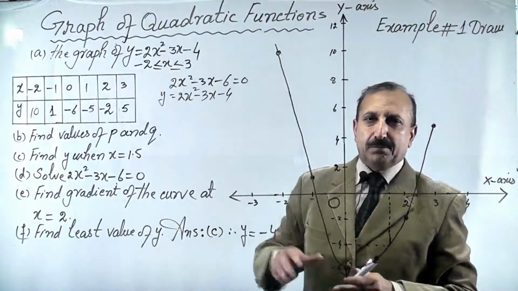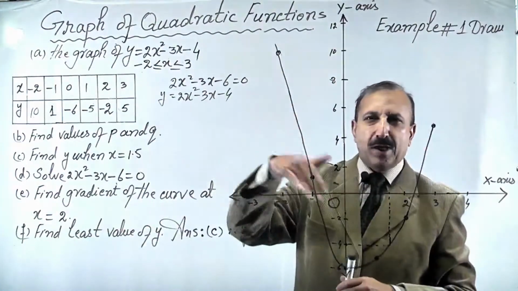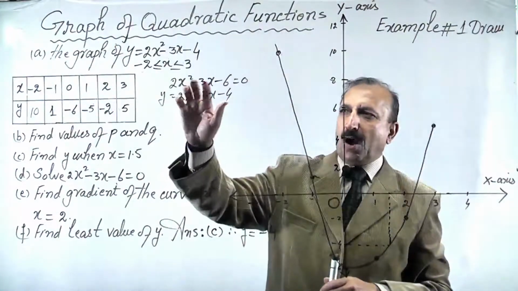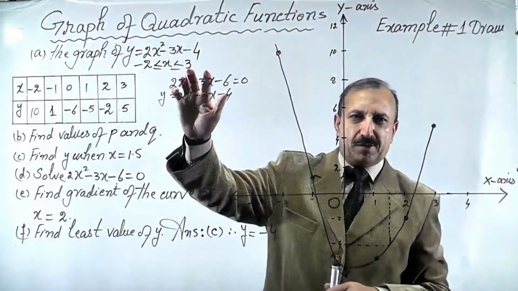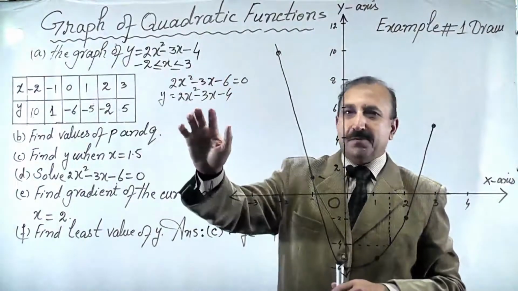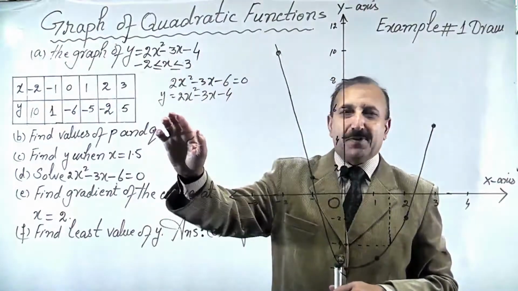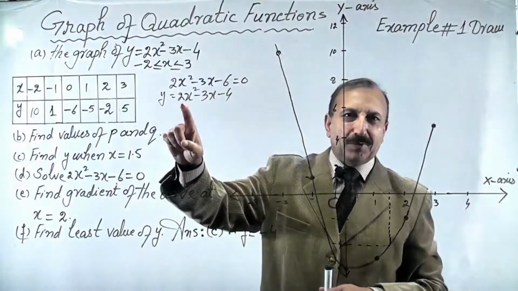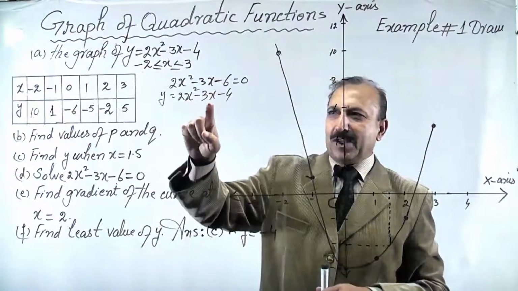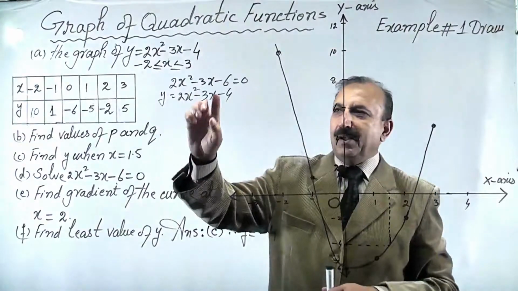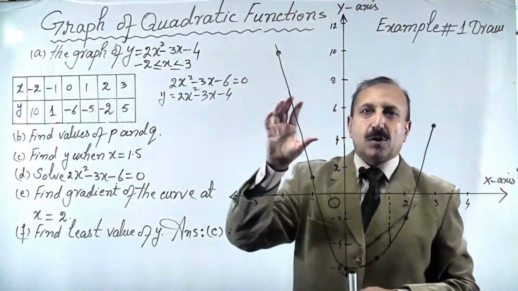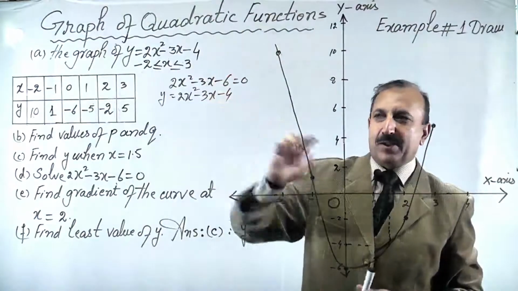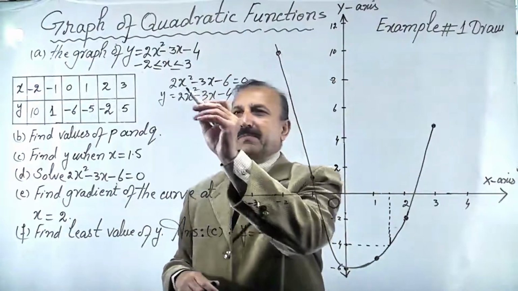After writing the given function whose graph we have drawn, right below that equation, now check how much part of the equation is common with the given function. If we look at this, 2x square is present in both, and then minus 3x, yes, this is also present here. So we will focus on the common terms in both the equation and the function.